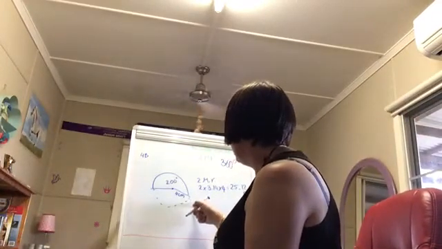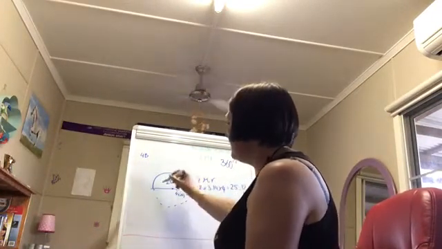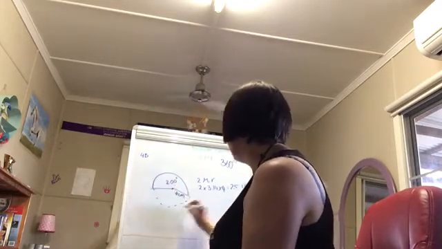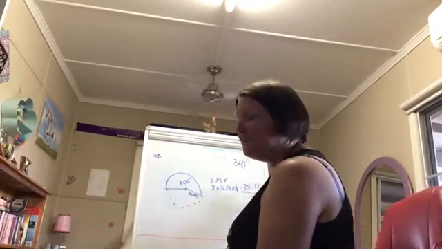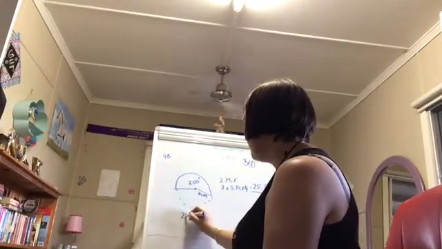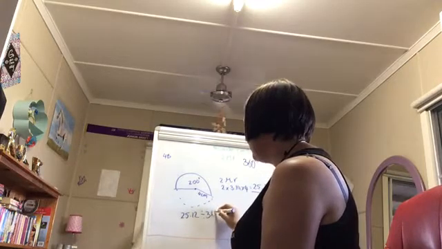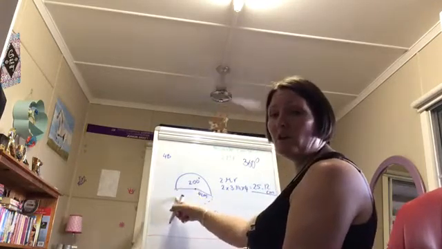Now, I then need to find out what 1 degree is worth, and then multiply that by 200. So my new sum becomes the whole circumference, 25.12 divided by 360 to find out what 1 degree is worth.